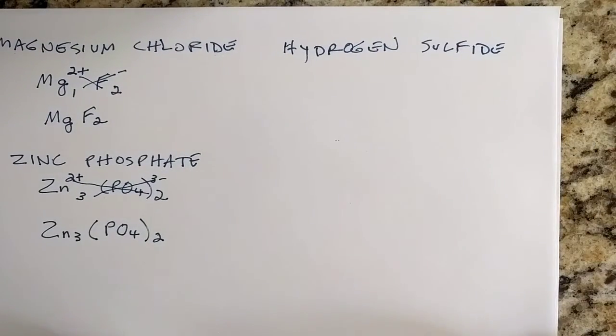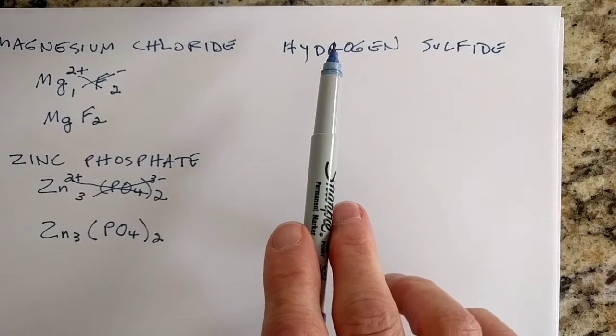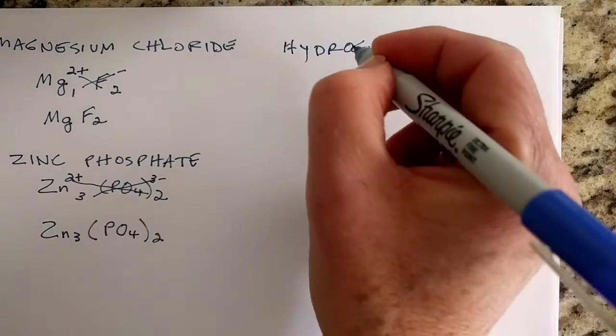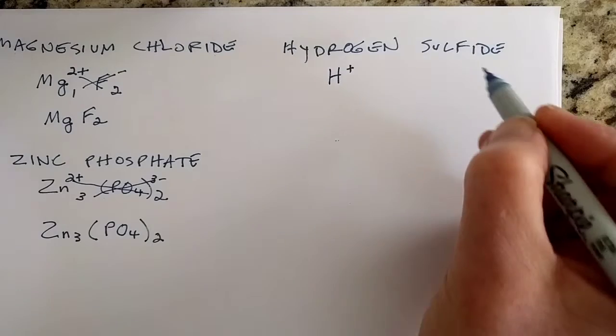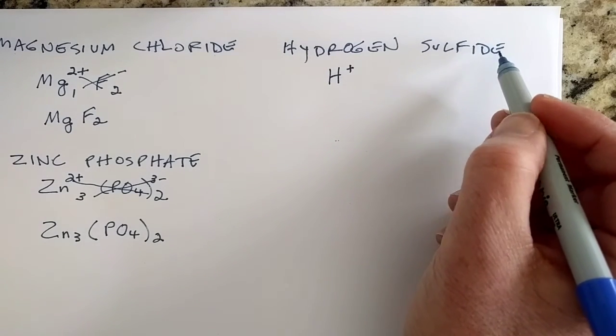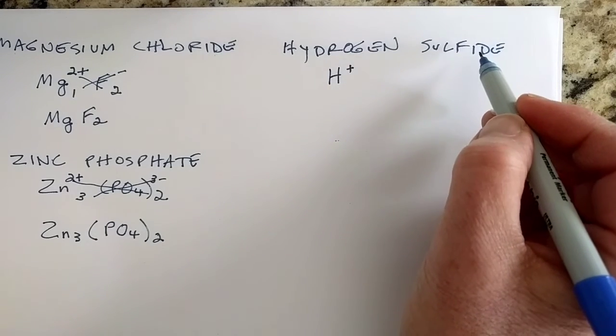All right, so hydrogen, when it is the first element, is acting as our cation. So hydrogen gets a +1. Sulfide, that -ide, means that this is sulfur as a monatomic ion.